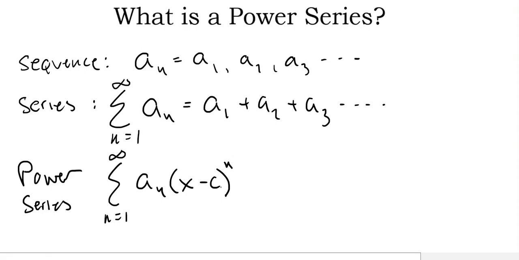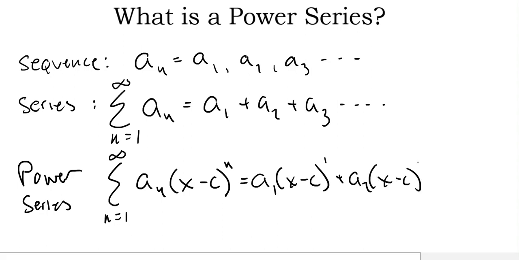That's why it's called a power series. And so the terms of this would look something like this. A sub 1 times x minus c to the first power, of course. A sub 2 times x minus c squared plus a sub 3 x minus c cubed.